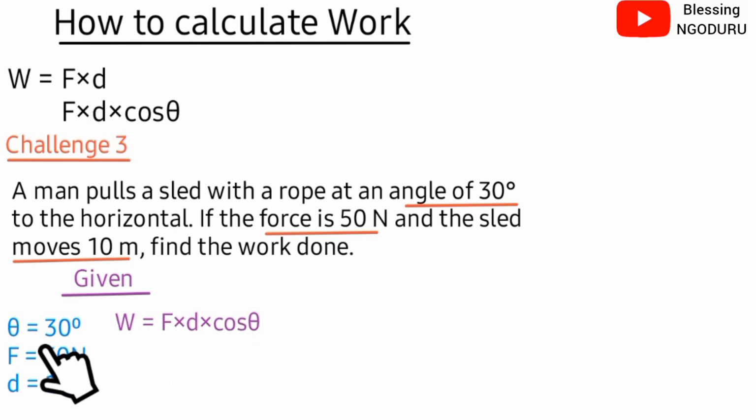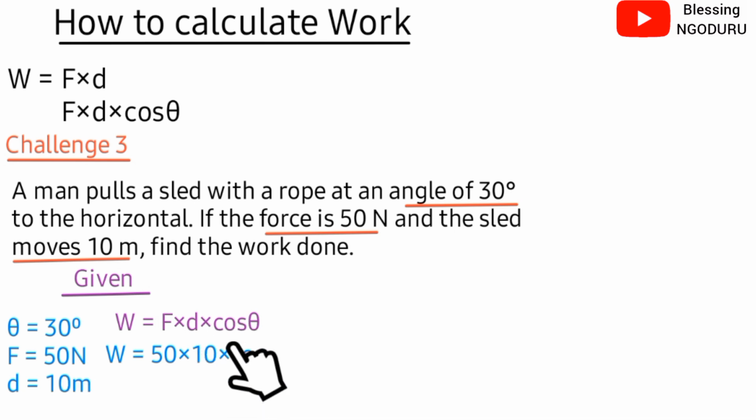The value of force is 50, times distance, which is 10, times cos theta. Our theta value is 30 degrees. 50 times 10 gives 500 times cos 30 degrees, root 3 over 2. And so 500 times root 3 over 2 is approximately 433 joules. And so the work then is 433 joules.